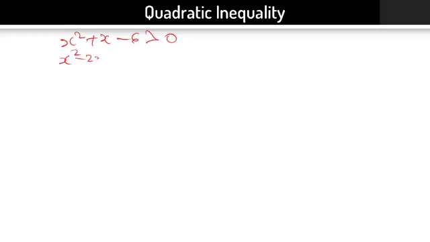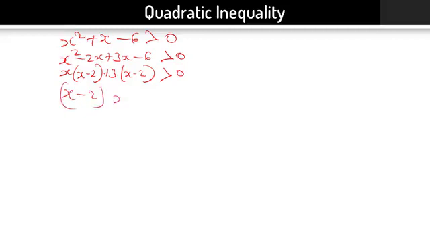squared minus 2x plus 3x minus 6 greater than 0, x, then in bracket x minus 2, plus 3, x minus 2 will be greater than 0. So at this point we have x minus 2 and x plus 3 being greater than 0.